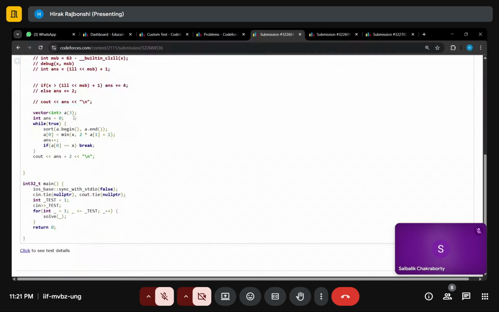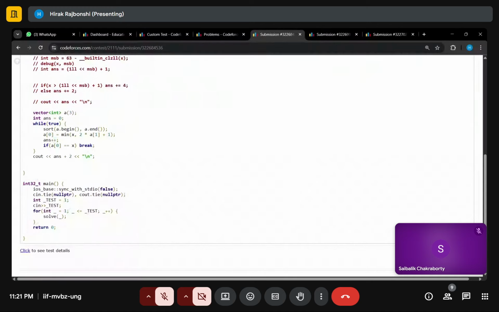Otherwise we'll create a vector with all values 0. Then we'll sort the vector, and after sorting the first element will be the minimum element, right? So we charge that crystal to the minimum of 2 times the middle value plus 1, or x, perform one operation, and increase the answer by 1.